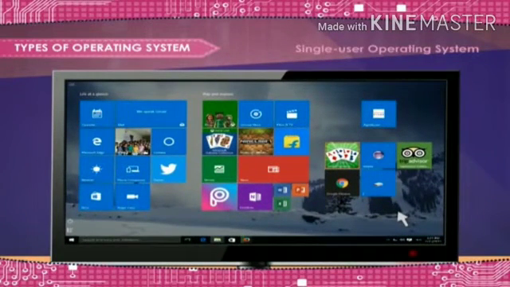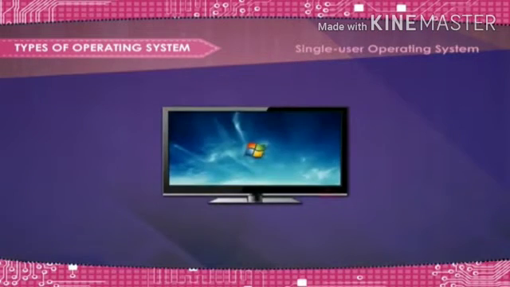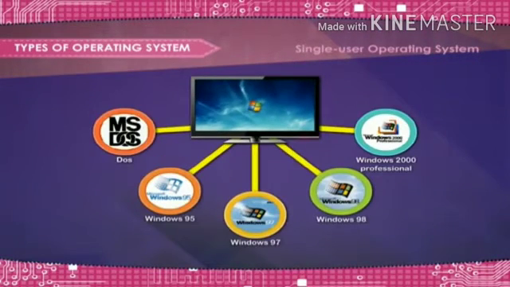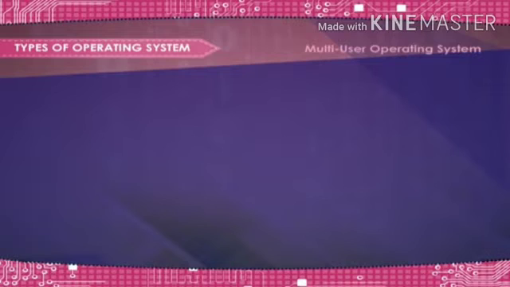Single user OS is that OS which supports only one user at a time. Example: DOS, Windows 95, 97, 98, Windows 2000 Professional, etc. Multi-user operating system.